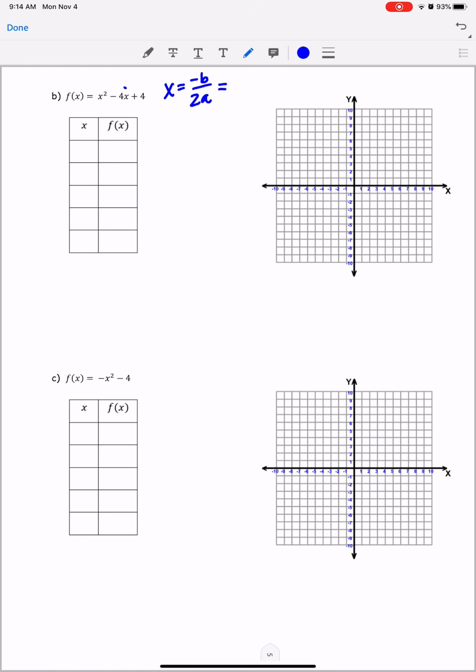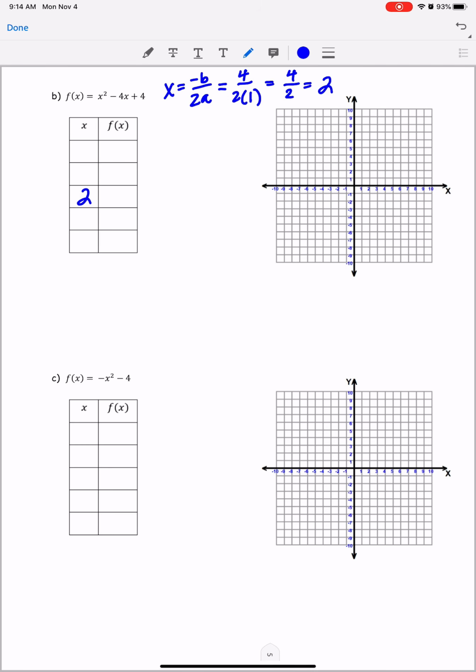My b is already negative, so -4 is +4, over 2 times a, my a is 1. So I've got 4 over 2, which is just 2. So this 2 goes in the middle.